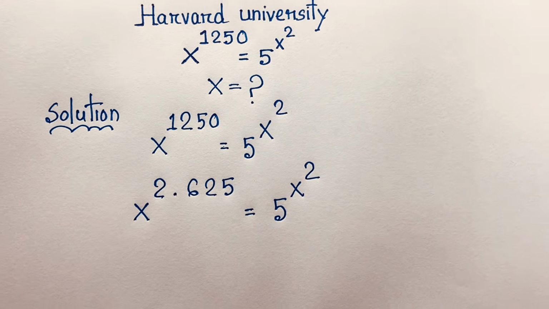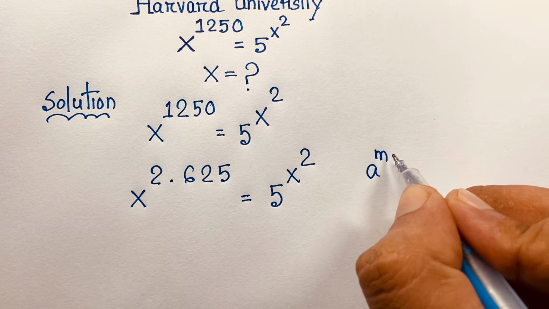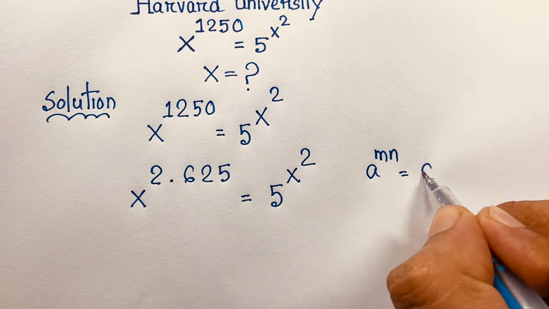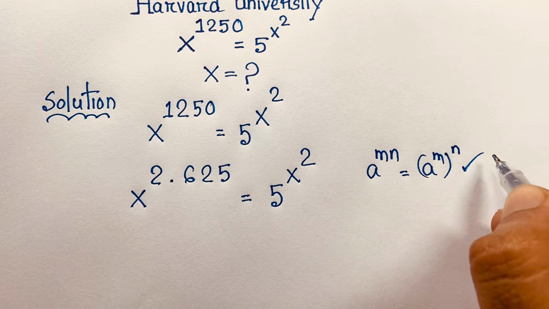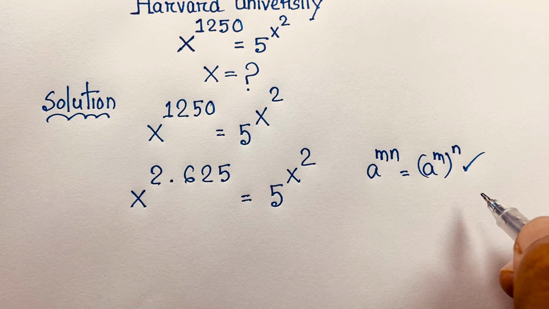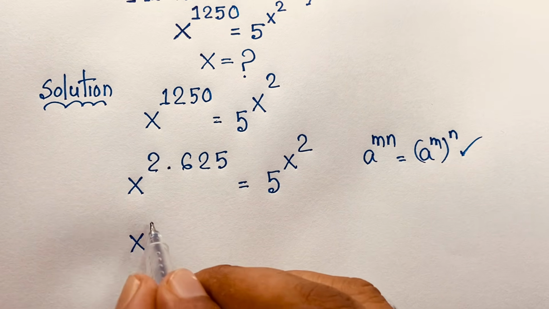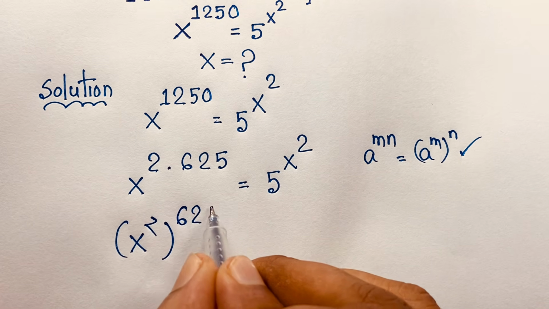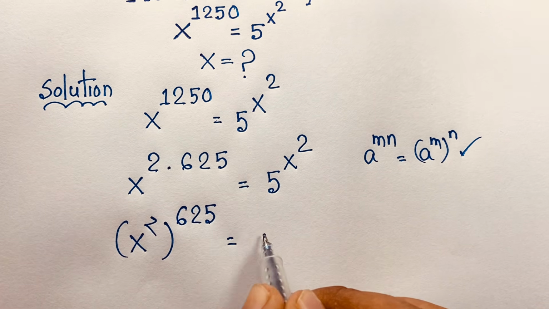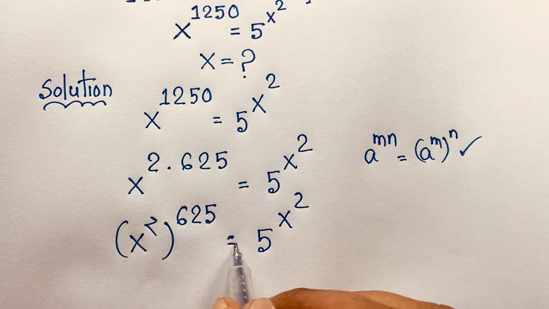Now, under the exponential formula, a to the power m, whole to the power n, if I apply this formula, this expression will be x to the power 2, bracket whole to the power 625, is equal to 5 to the power x to the power 2.